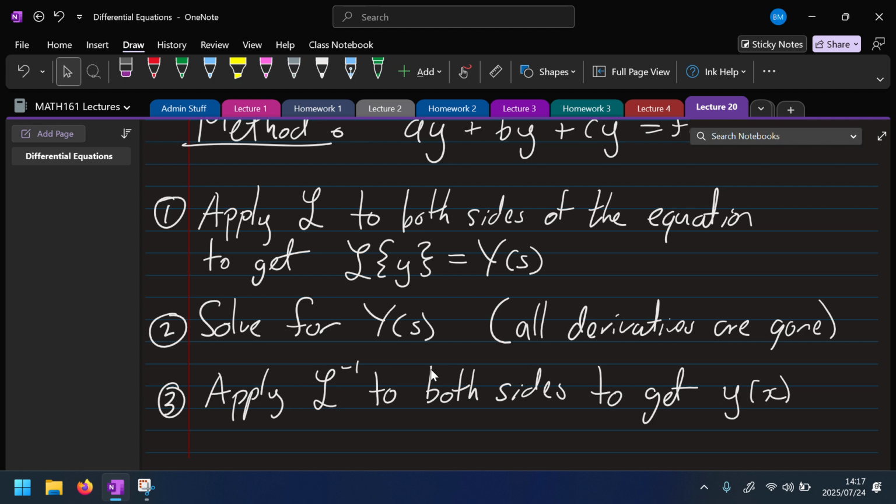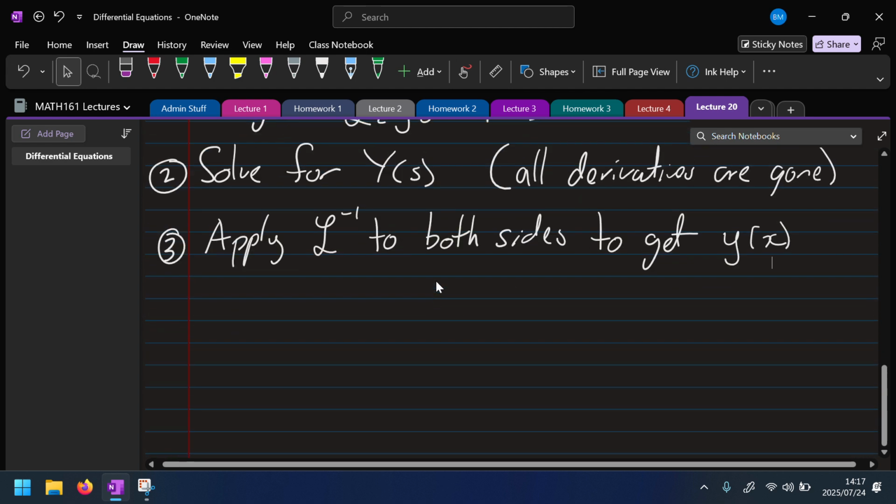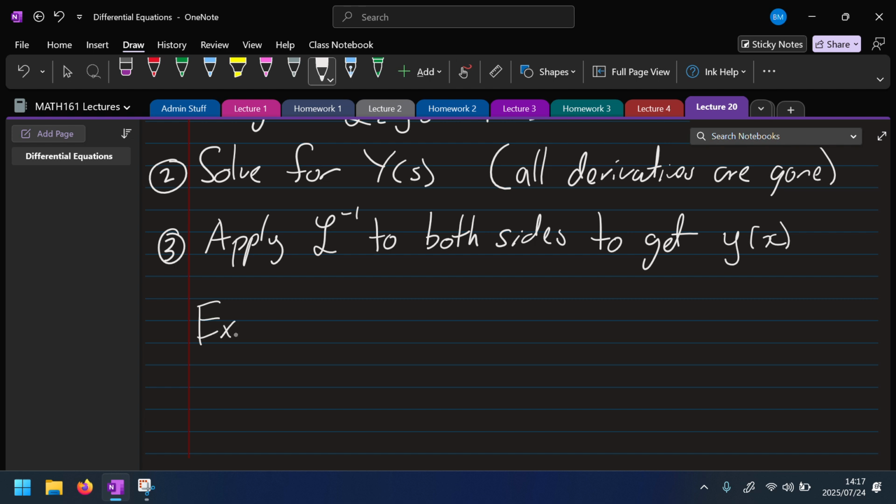Okay, let's have a look at an example. Again, it will be something like that second order differential equation there. Example: let's say we have y double prime plus y prime minus 2y is equal to 0.